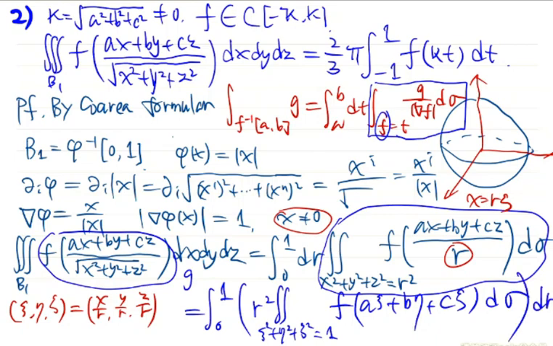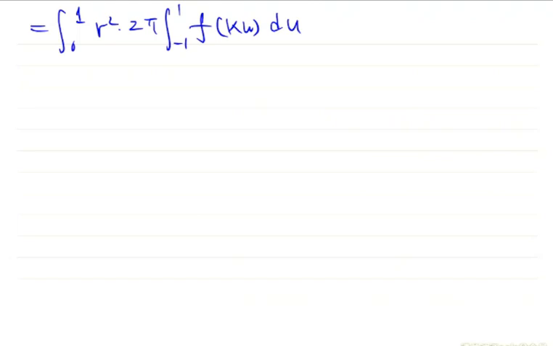Okay, then dr. Now, by our previous example, we know that this inner surface integral can be written in the form of a definite integral. Using the result of our previous example, this is just r squared multiplying 2 pi times the integral from minus 1 to 1 of f(kappa u) du.